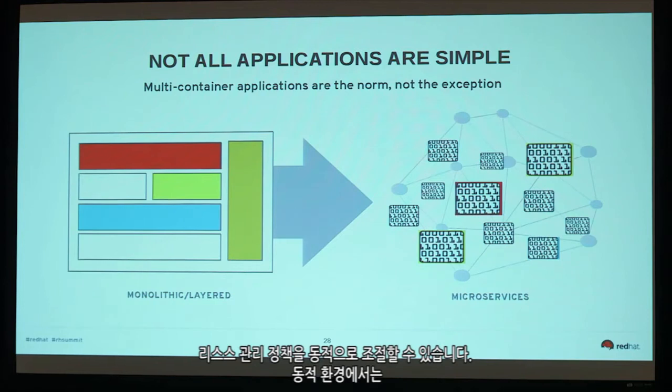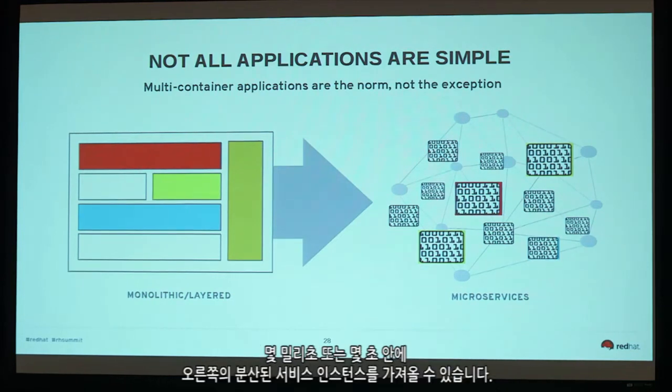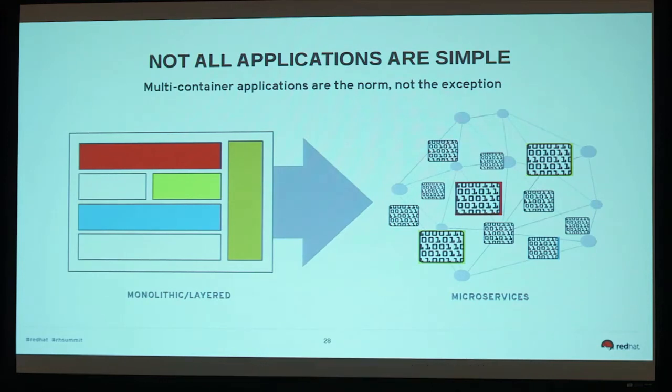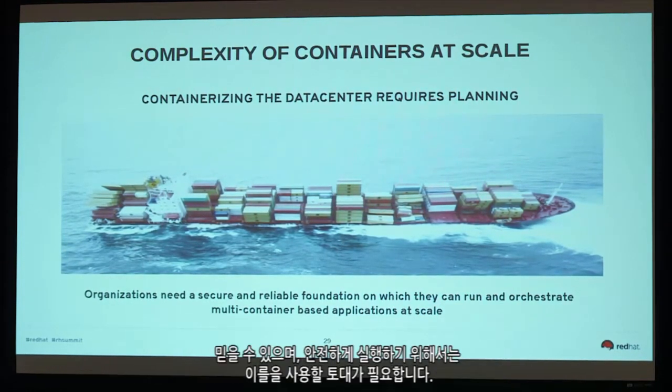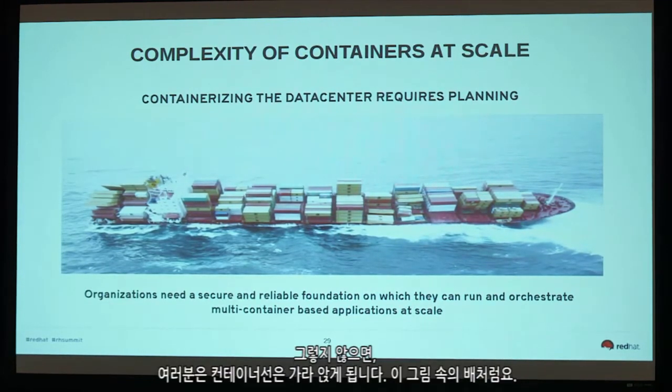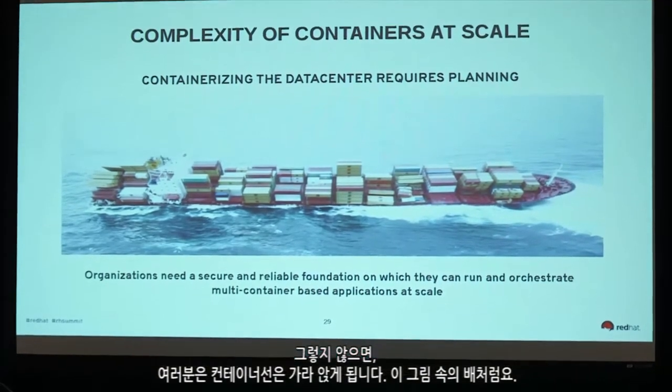In a dynamic environment, we can bring up instances of a distributed service on the right side within milliseconds or seconds. Now that said, multi-container in a multi-tenant infrastructure is complex. And in order to run this predictably, reliably, and securely, you need a foundation on which to do this. Otherwise, your container ship is sinking, as you see this ship is about to sink.